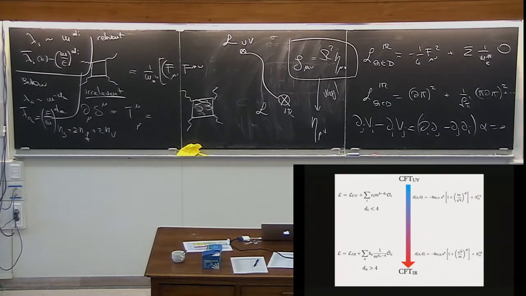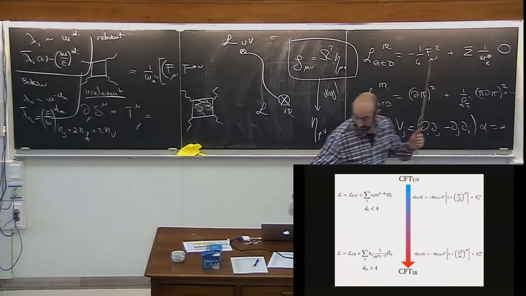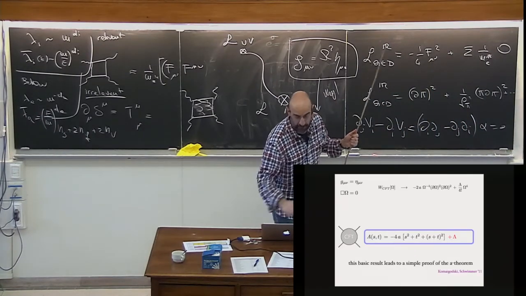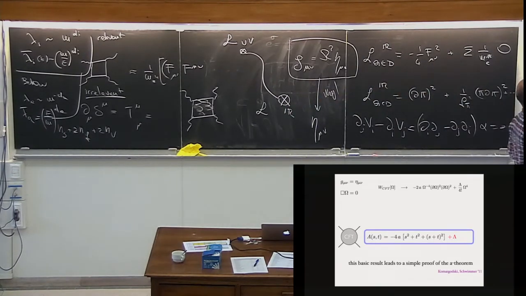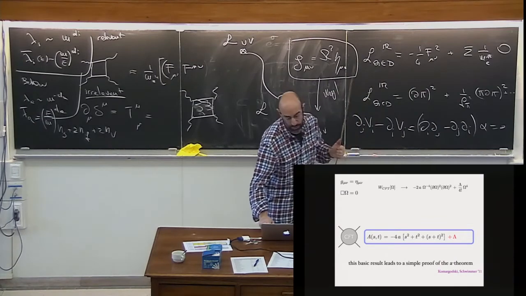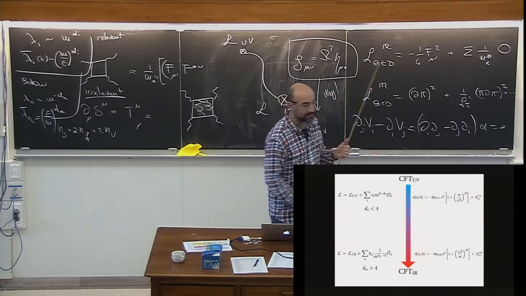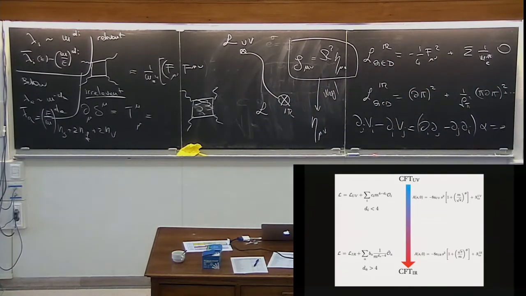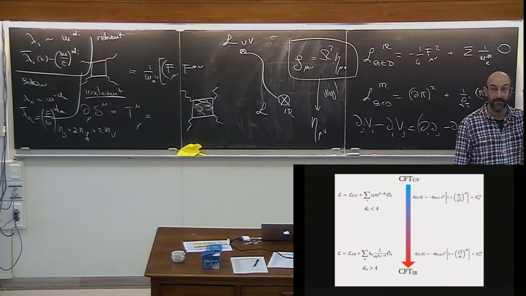Let's look at the forward amplitude. The forward amplitude in the UV and the IR has the following form. In the UV, it is controlled by, let's say it again, if I go forward, I set t to 0, so you get minus 8a, plus terms that vanish as positive powers of m.